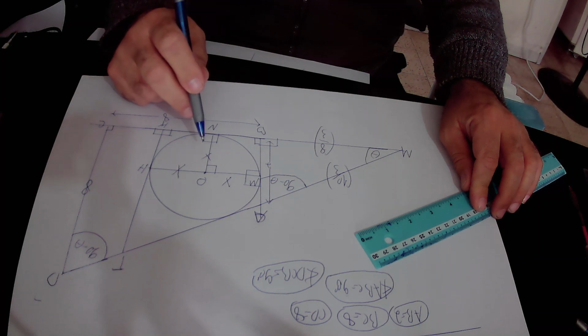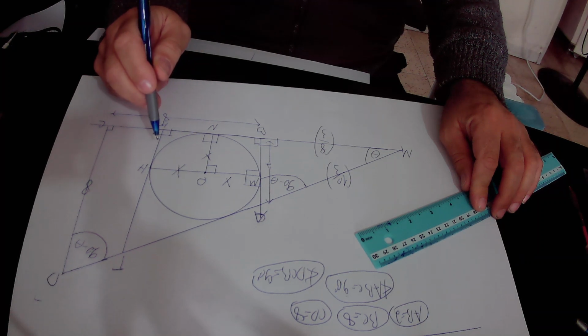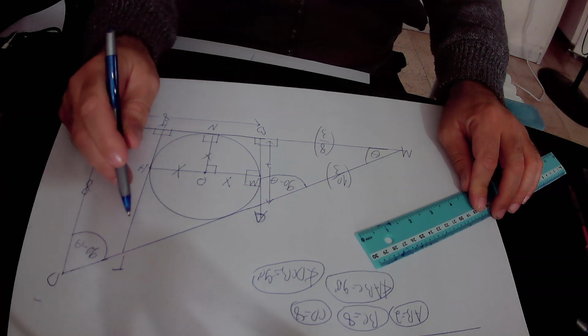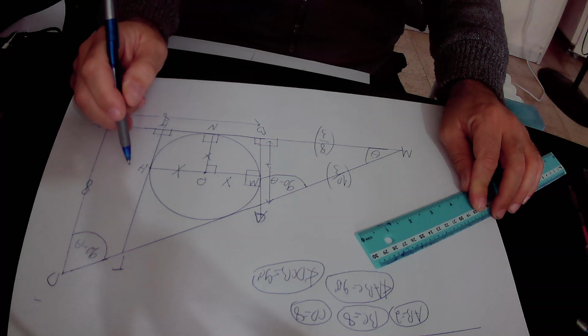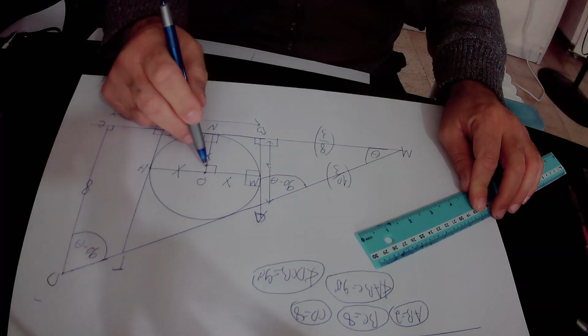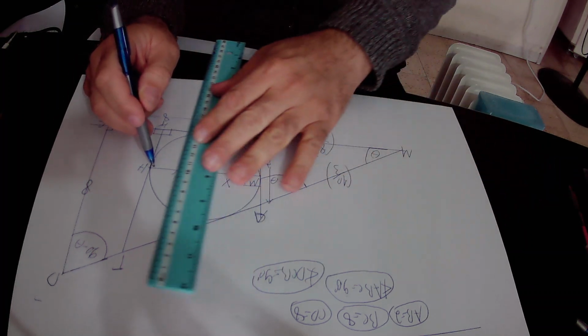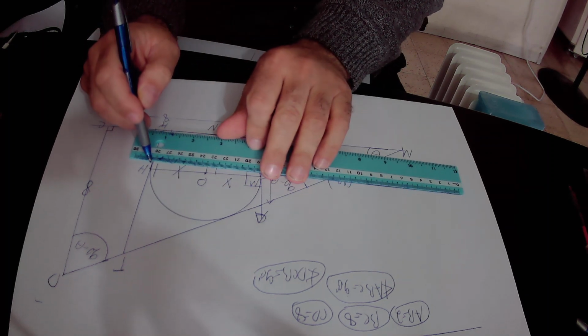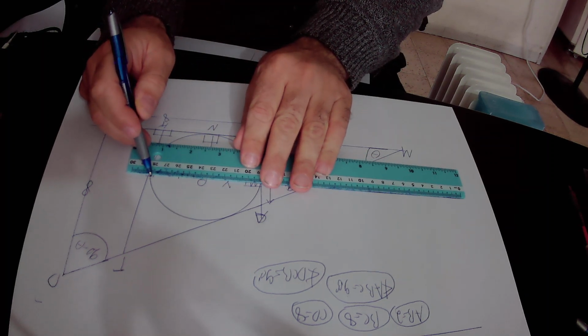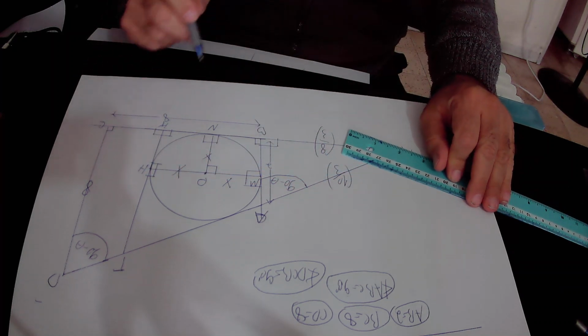And whenever you have a radius that is drawn to the point of tangency, then tangent TK will be perpendicular to the radius OH. So if TK is perpendicular to OH, it means that this angle equals 90 degrees, and this angle is also equal to 90 degrees according to rule number 1.